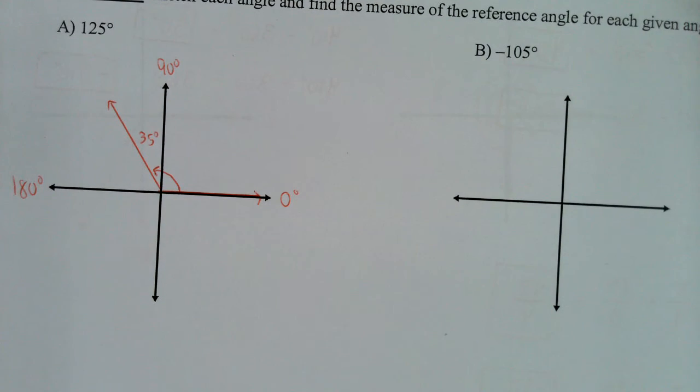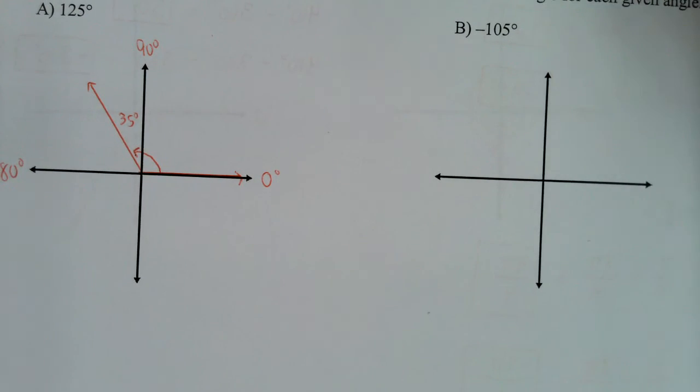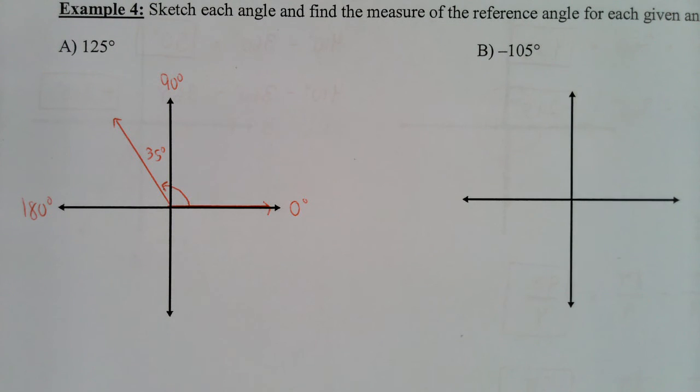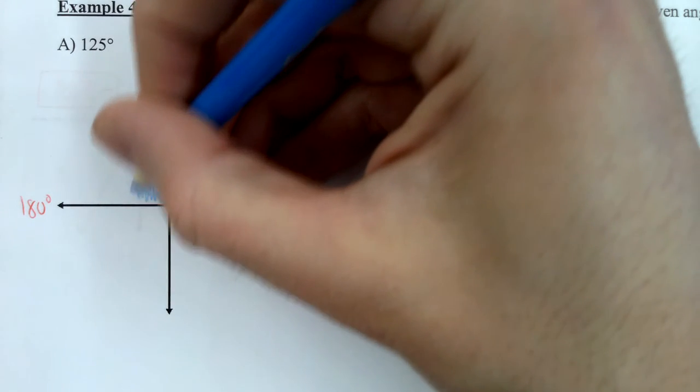The reference angle to the angle I just drew is, I'll use a colored pencil, and I'm going to color that in blue. It's the positive acute angle between the terminal side and the x-axis. So that's going to be this angle right here in blue.